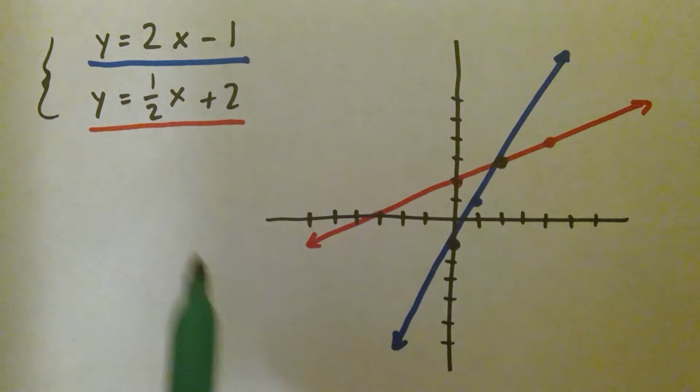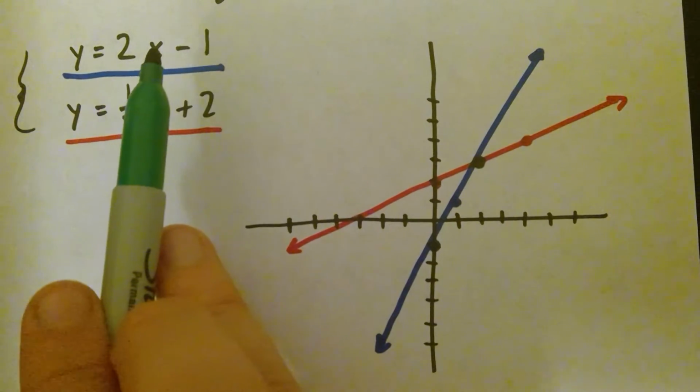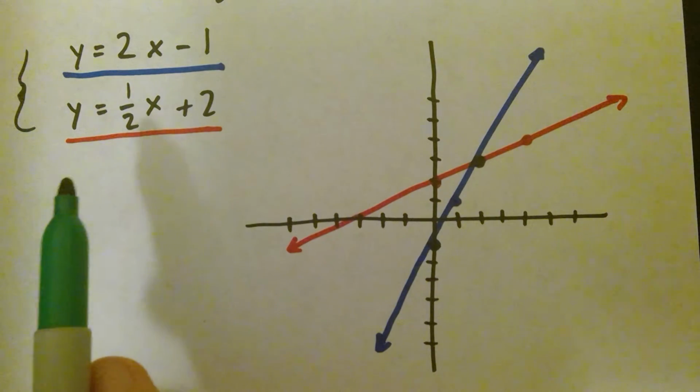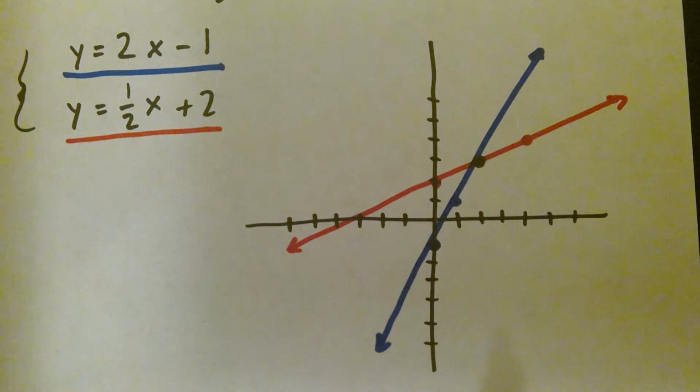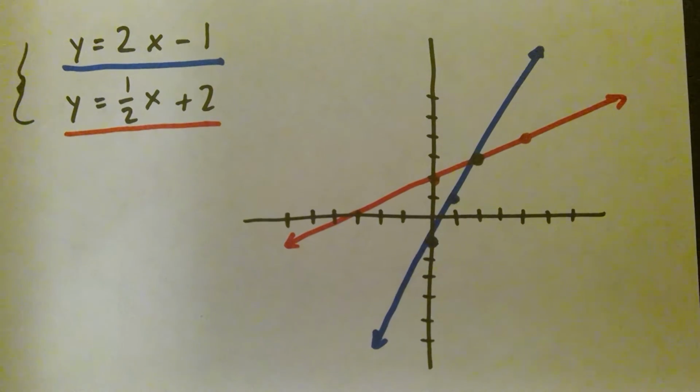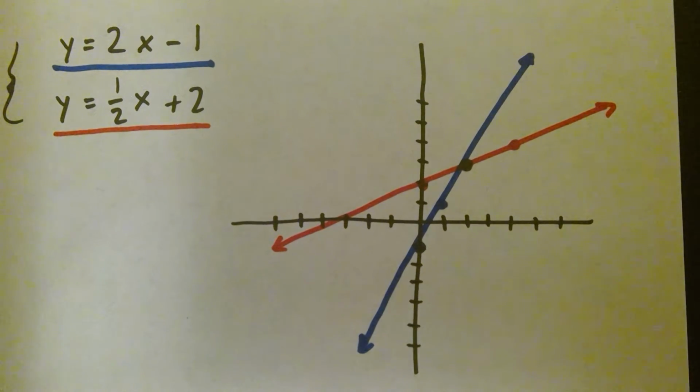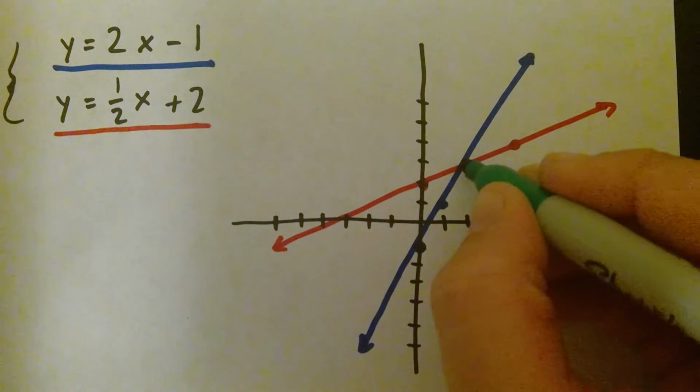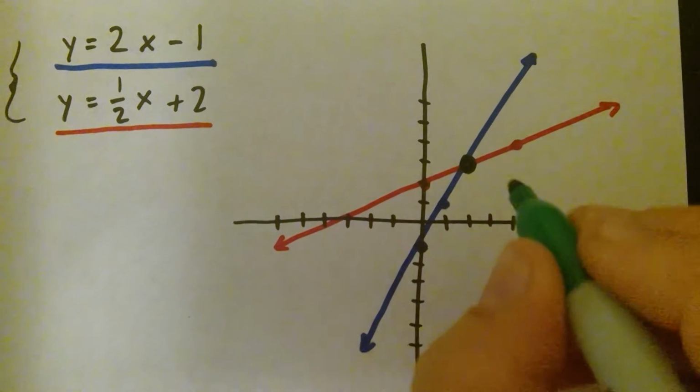We've got our equation for y equals 2x minus 1 here in blue. We have y equals 1/2 x plus 2 in red, and those are already graphed for us. We just have to figure out what point we intersect at. It's maybe not perfect in this case, but that's going to be this point right here.